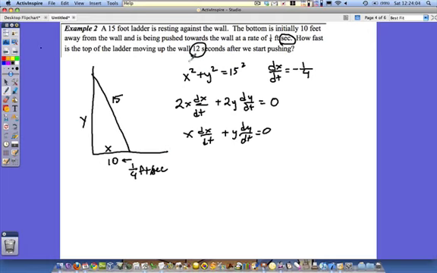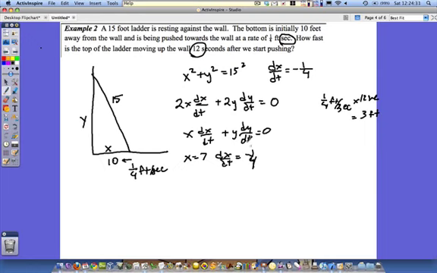If we're pushing for 12 seconds at 1/4 foot per second, how far have we pushed? 1/4 foot per second times 12 seconds is equal to 3 feet. If we started at 10, we now know x has to be 7. So x is equal to 7. dx/dt we already figured out was -1/4.